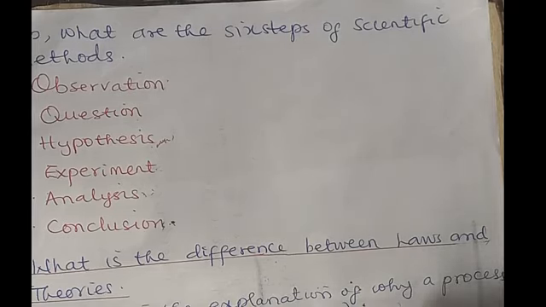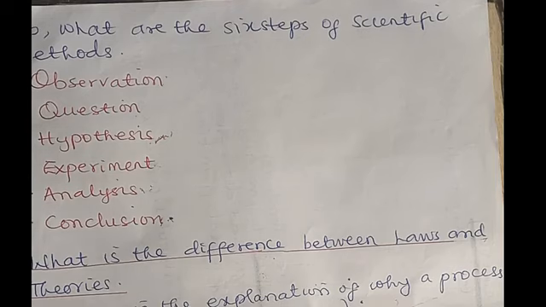So as a science student, I want you to take up and adopt these characteristics. So let's go to our questions under this topic. I'll give you time to go through the questions, after which we'll solve it together.